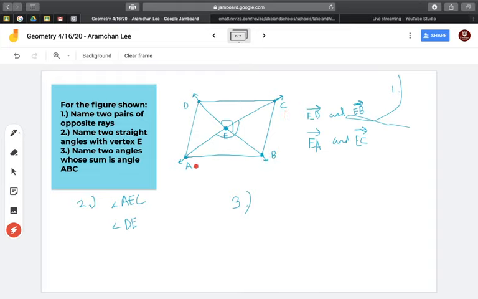So these angles should have a common vertex, because in order to add angles together, they must have a common vertex. So looking at this diagram, we can see that angle ABE over here and angle EBC here both share vertex B. So when added up, those two angles will equal angle ABC.